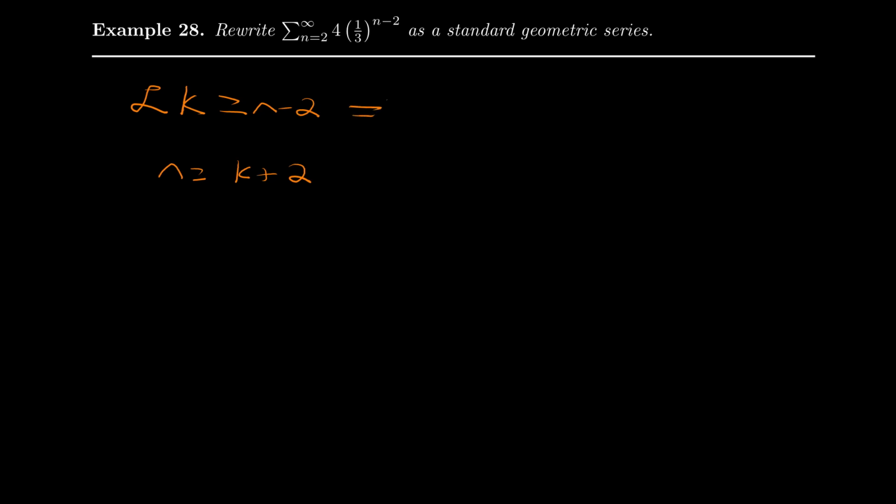We can also use this here to say when n equals 2, k equals 0. That's true, right? Which means that this series can be rewritten as, we can start with k equals 0 to infinity still, okay, of 4 times 1/3 to the k.